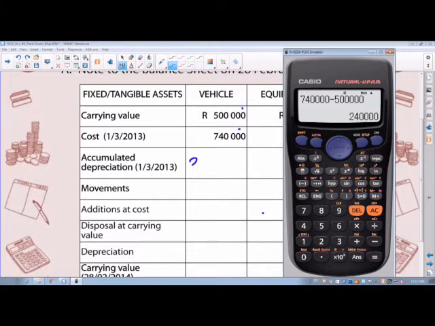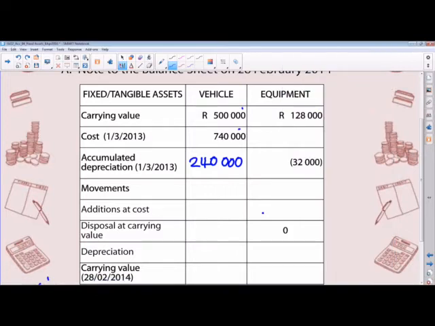Obviously, it is my accumulated depreciation. Why do I say that? Because the cost price of 740,000 minus my accumulated depreciation of 240,000 will give me my carrying value of 500,000. Understand, you need to know how to do these calculations.